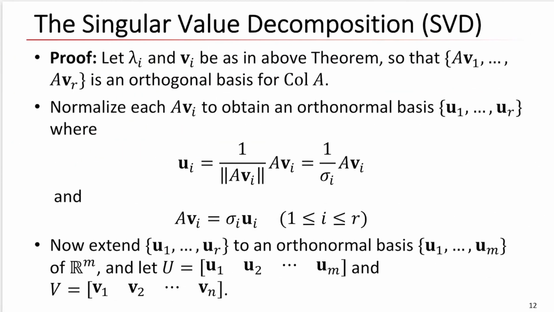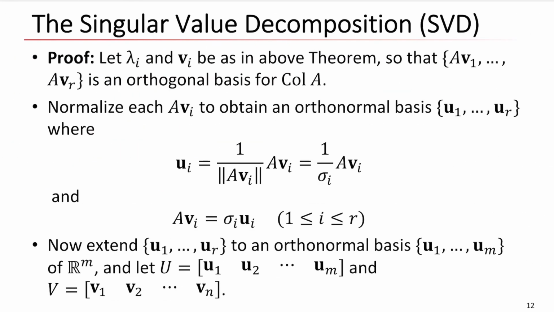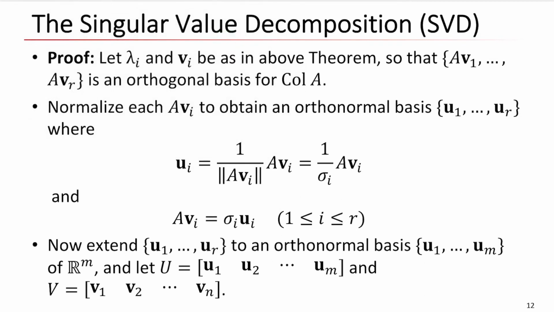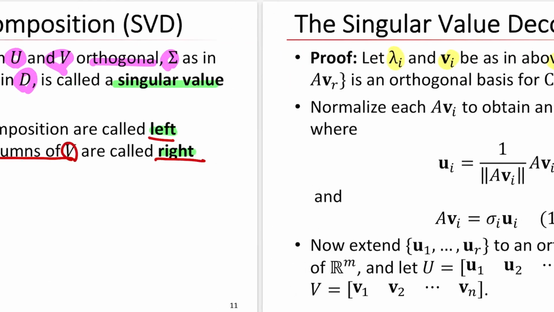So let's prove this existence. First of all, let lambda i and vi be as in the above theorem.